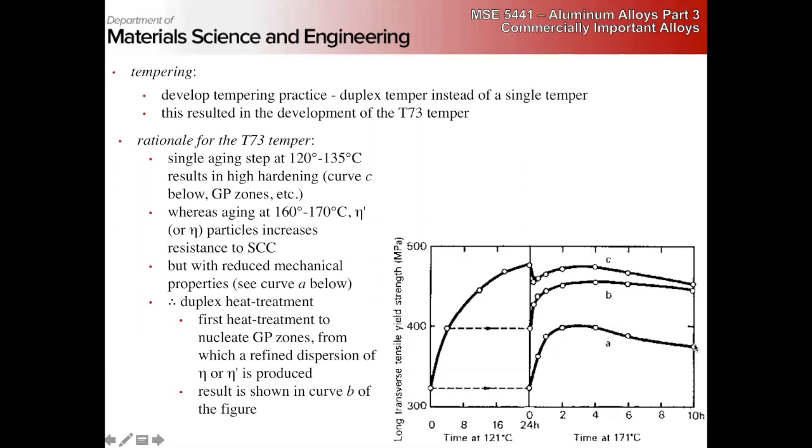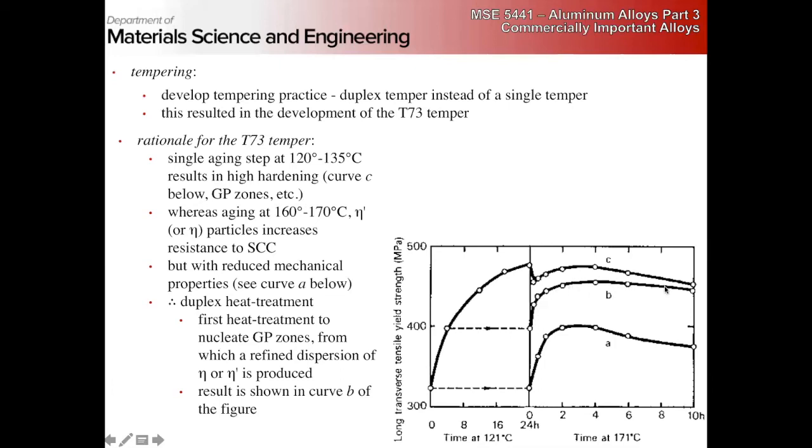But the strength was too low. So instead, a duplex treatment was put together where you would age for a given time to nucleate GP zones, then raise the temperature from 120 to 170 C, and then you would get a refined dispersion of eta prime or eta, right?